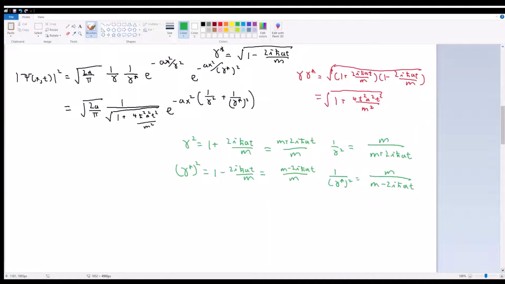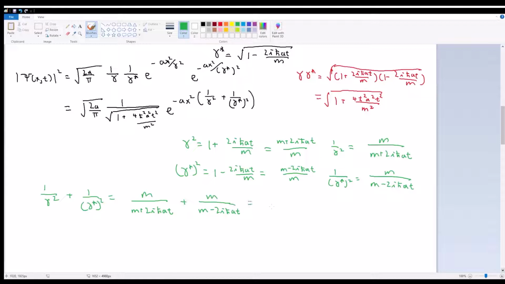If we want to combine these two, then 1 over gamma squared plus 1 over gamma star squared is going to equal m over m plus 2i h bar at plus m over m minus 2i h bar at.